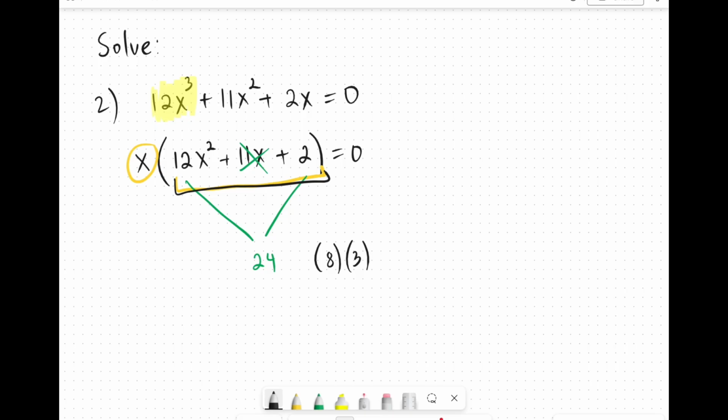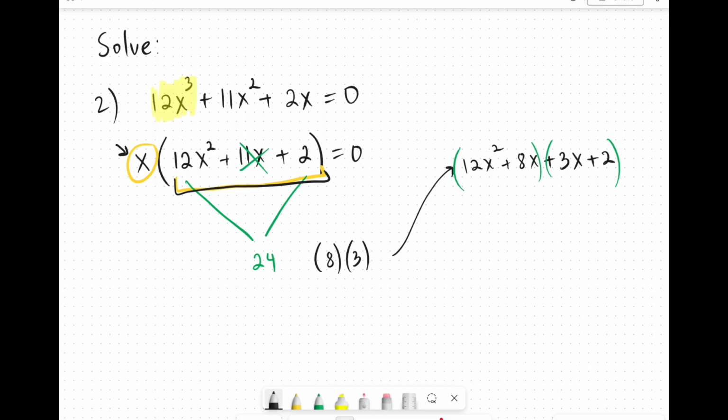For now, I will not be carrying this x with me, just so that I'm not confused with all of the parentheses. But we keep in mind that we have that x in the front for our solving procedure at the end. So my trinomial in the parentheses is now going to be 12x to the second plus 8x plus 3x plus 2. We will factor with grouping.